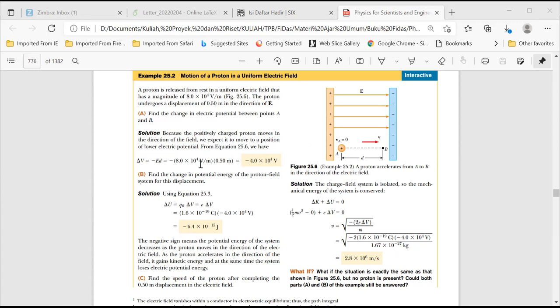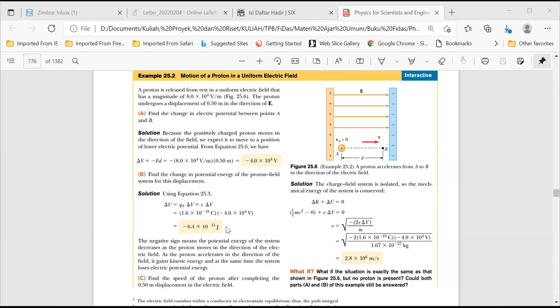Find the change in potential energy of the proton-field system for this displacement. You just calculate delta U, which is equal to Q0 times delta V, where Q0 is the charge of a proton, the unit charge. So it is minus 6.4 times 10 to the minus 15 joule.